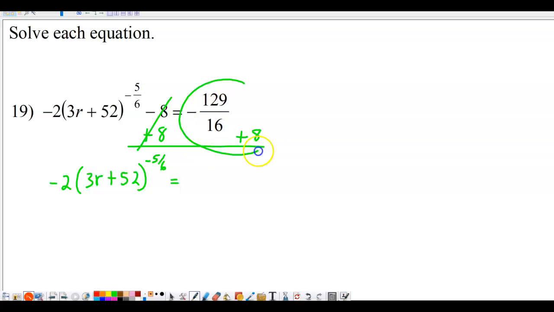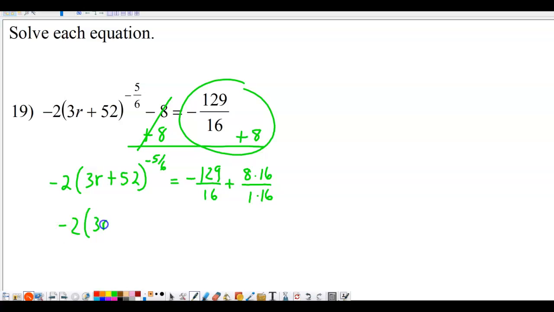Now adding 8 to this is going to be a little bit of a problem. I'm going to need a common denominator there. That's going to be a pretty big number if I add 8 to that, because if you think of this as 8 over 1, I need to get a denominator of 16. So I'm going to multiply the top and the bottom by 16. For that, I'm going to need a calculator.